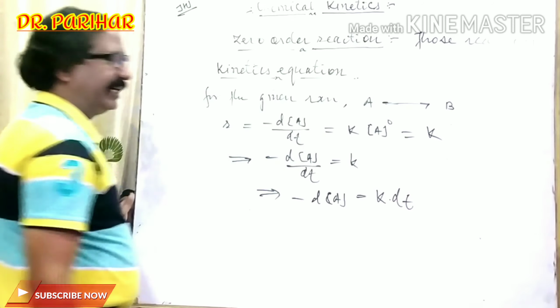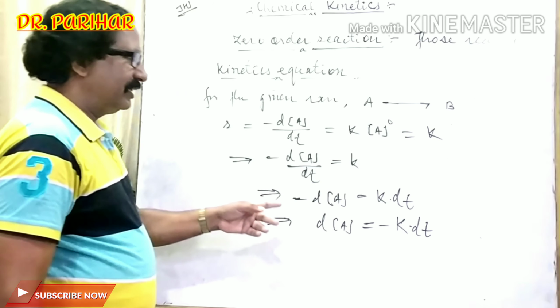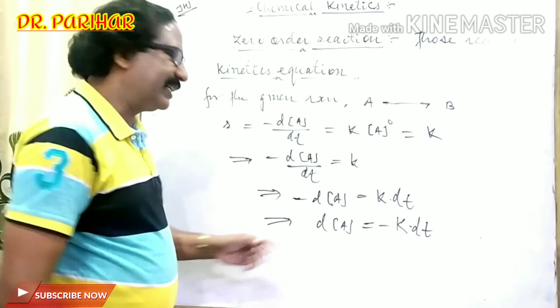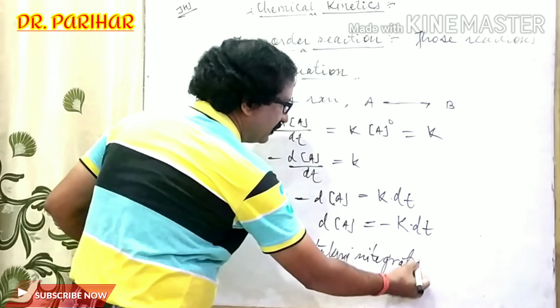Or simply you can also write d of concentration of A is equal to minus K dt. Now taking integration on both sides.